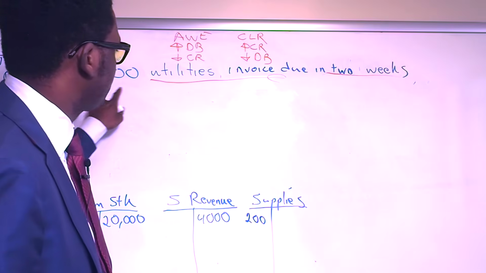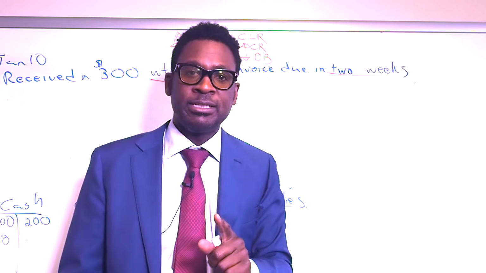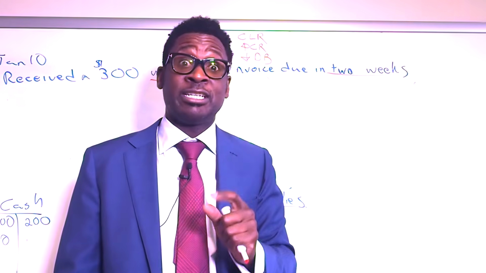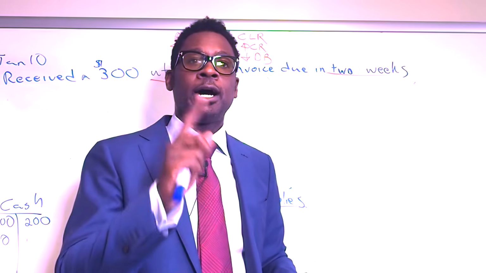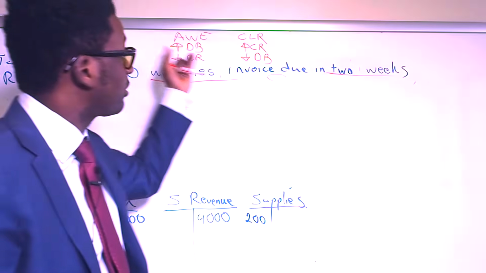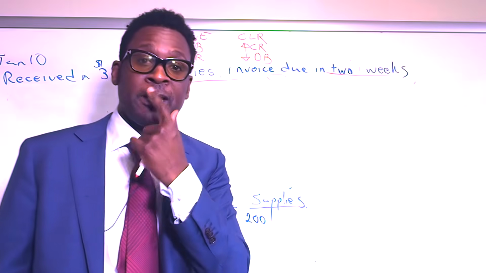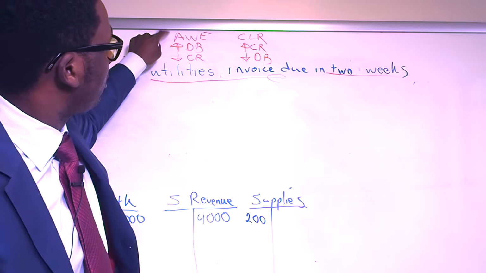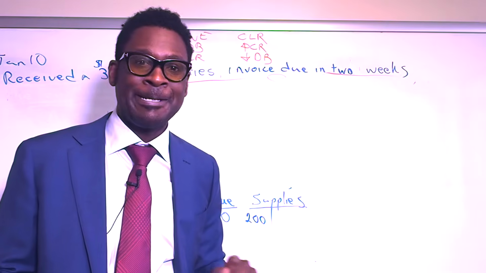Obviously, utilities expense is going up, and our liability, because we still owe on it, utilities payable has gone up as well. So how are we going to record it? Well, based on the all clear system, we know where utilities expenses belong. Utilities expenses are in the all gain. And so since it went up, we have to debit it, right?